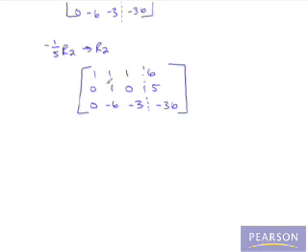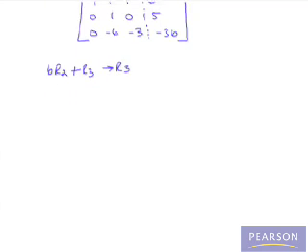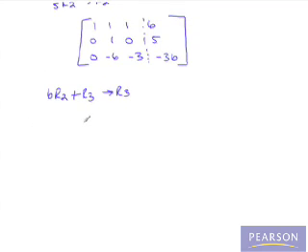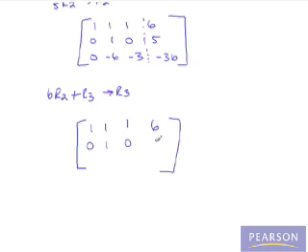We will now use this 1 to cause this position to become a 0. So we're going to take 6 times row 2, add it to row 3 to get a new row 3. Therefore, rows 1 and 2 will not change. Row 1 will stay 1, 1, 1, 6, and row 2 will stay 0, 1, 0, 5.